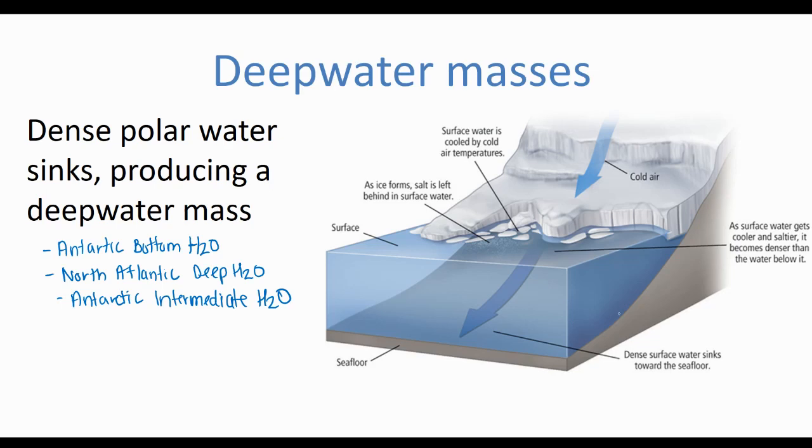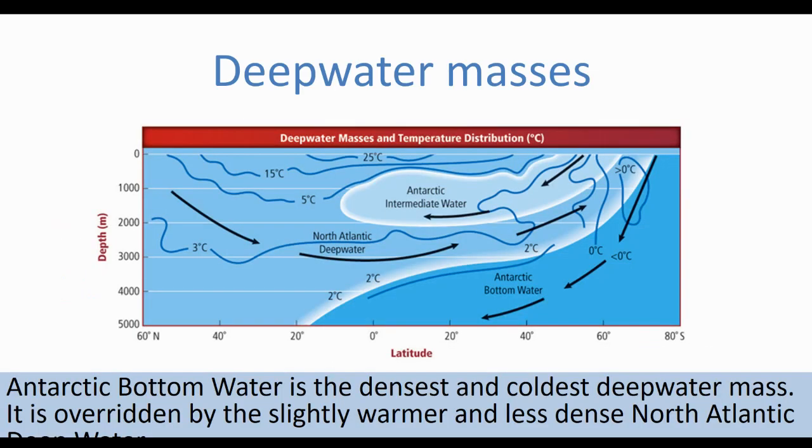So this picture you can also see in your textbook. It just describes how the dense cold water sinks. Of the three deep water masses, you can see the Antarctic bottom water is going to be the most dense and the coldest, and it's going to be overridden by the North Atlantic deep water and the Antarctic intermediate water.